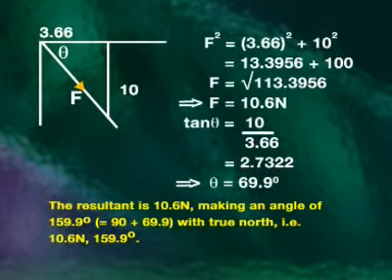Thus, the resultant is 10.6 newtons, making an angle of 159.9 degrees, that is 90 plus 69.9, with true north. Thus, the resultant would be 10.6 newtons, 159.9 degrees.